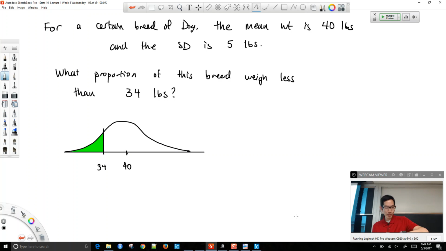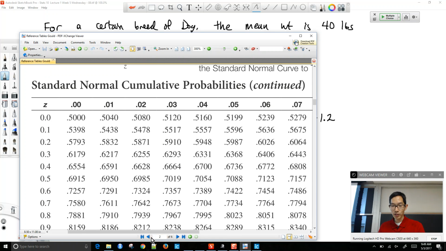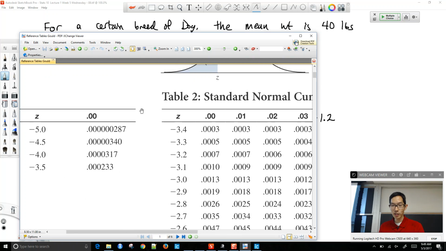All right, maybe I'll just give you the answer here. Step one, find the z-score. We're going to do 34 minus the mean, which is 40, and we divide by the standard deviation, which is 5. And so I get a z-score of negative 1.2. Then I look up z equal to negative 1.2.